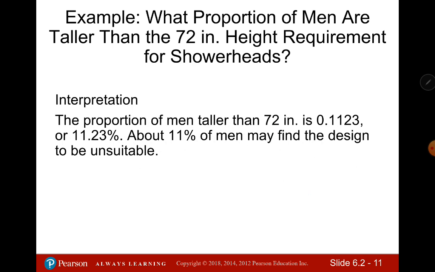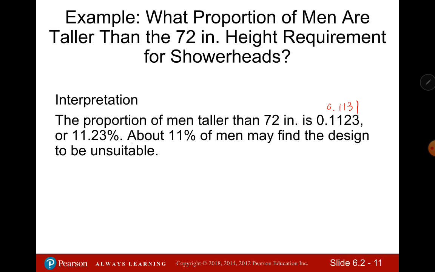So after that, we just try to interpret our answer. So here we were going to use this one, 0.1131. So we know the proportion of men taller than 72 inches is 0.1131.